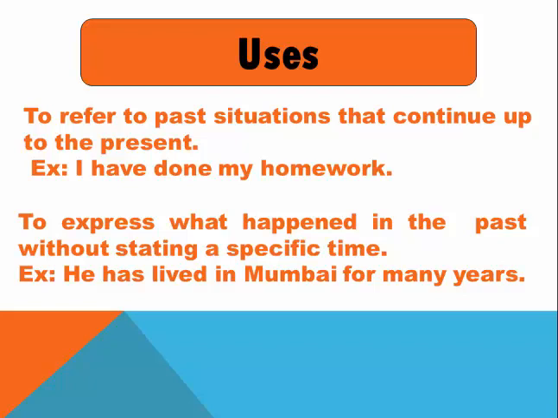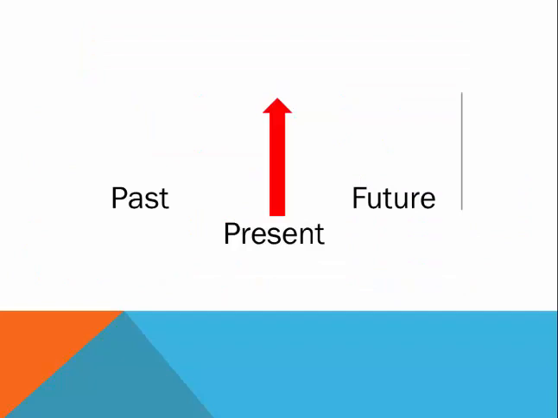Or even to express what happened in the past without stating a specific time. We don't know the specific time, but something has already happened. So, he has lived in Mumbai for many years. We are not mentioning any specific time, but we just want to tell that something happened in the past.